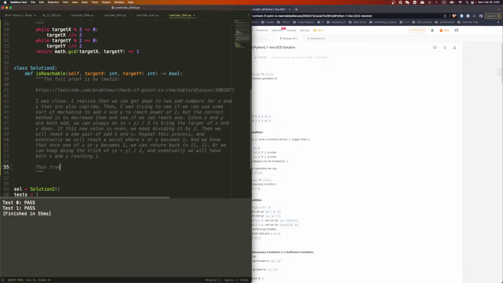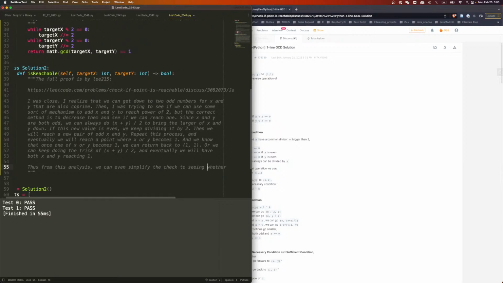Thus, from this analysis, we can even simplify the check to seeing whether the GCD of target x and target y is power of 2.